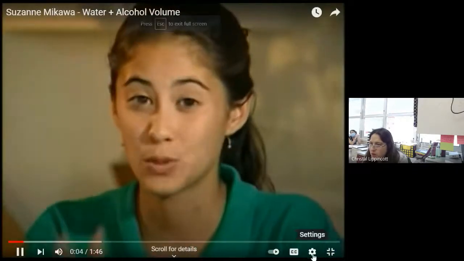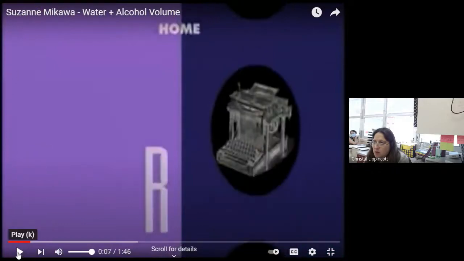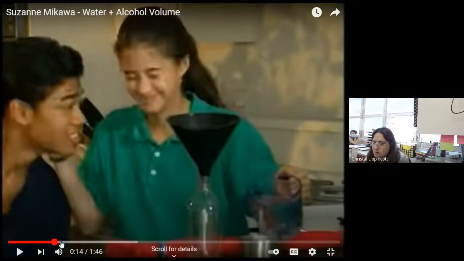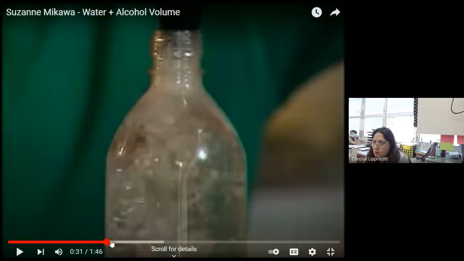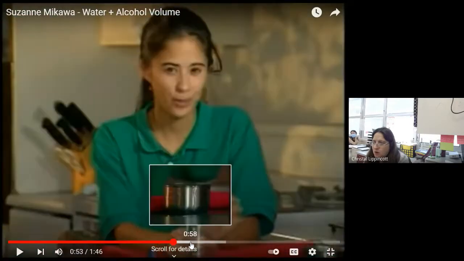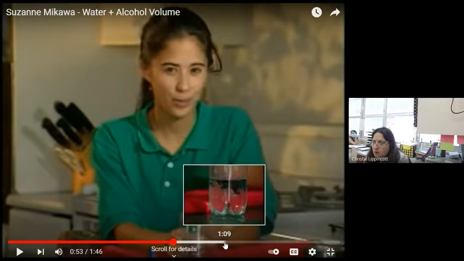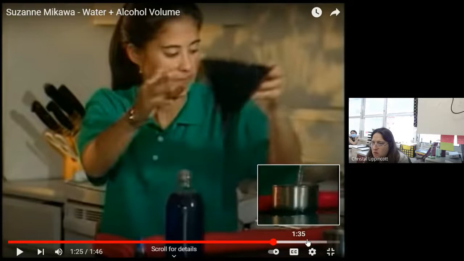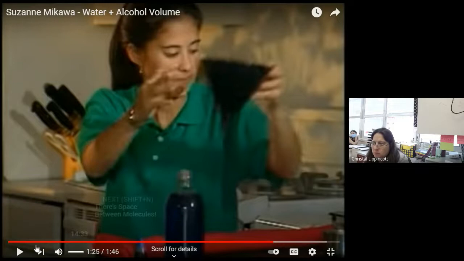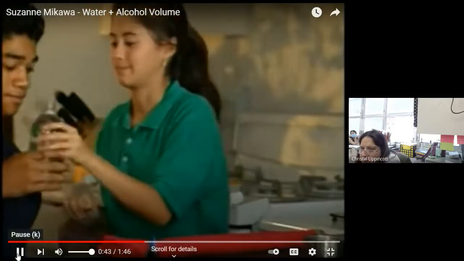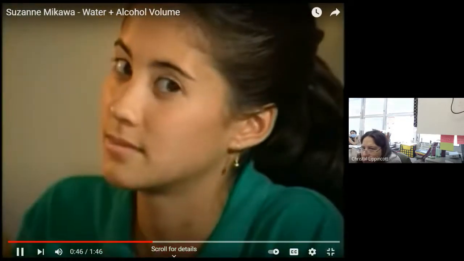So what they're doing here in this video, and it's a Bill Nye video, is they are going to mix. They're going to take 2 bottles here, and they're going to fill them. They're filling one with water, and they're filling one with alcohol. Is that what she's doing? Okay, so here she's mixing, just telling him to pour some stuff.